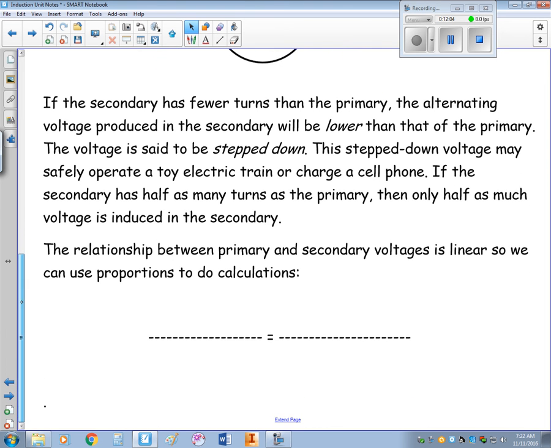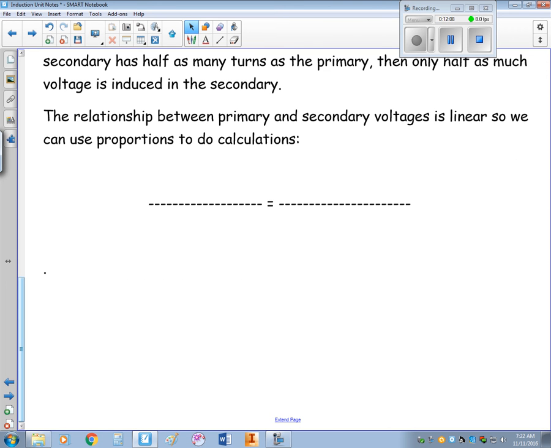So the relationship between primary and secondary is linear, so we get to use proportions.